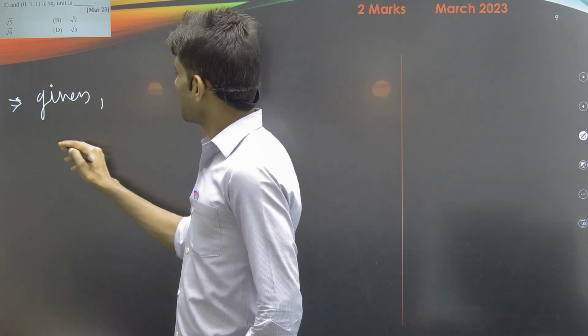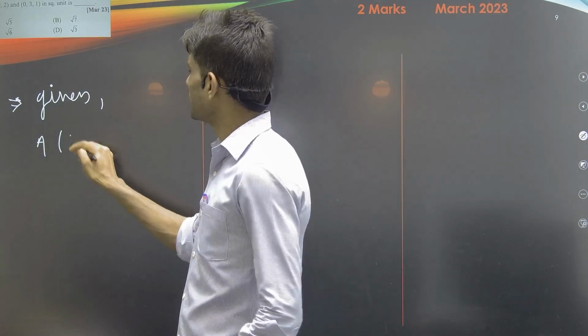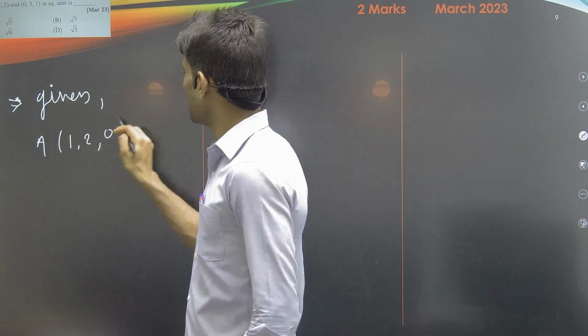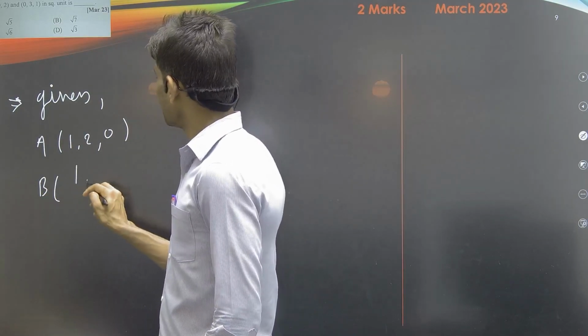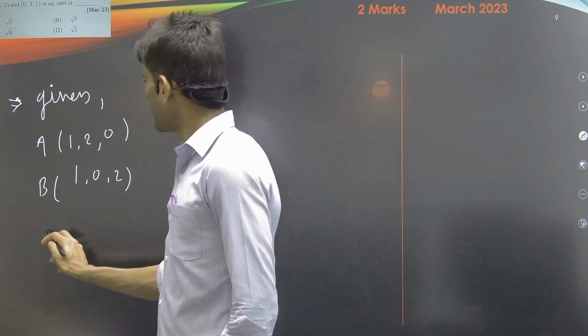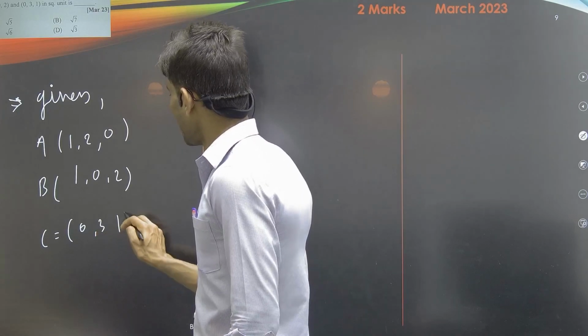Given, the first vertex, consider it as A: 1 2 0. The second vertex we have given as B: 1 0 2, and the third vertex we have given as 0 3 1.